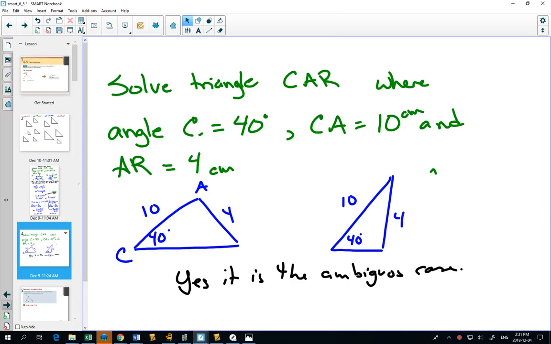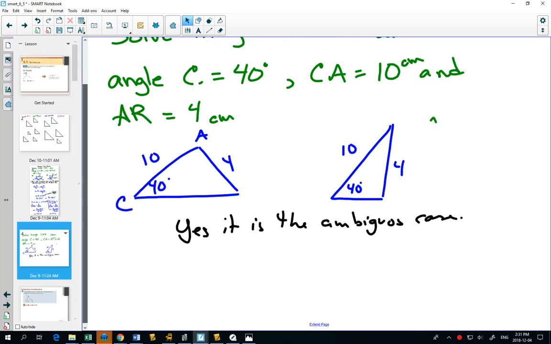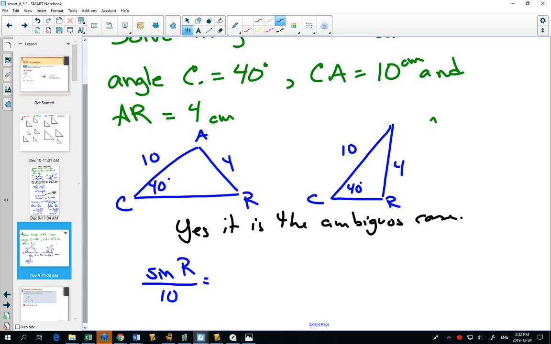And the reason I'm going to show you this ambiguous case is for the following. So we set up our sine law like normal. Do we know an angle and an opposite side? Yes. So what can we solve for first? We could solve for angle R. So we go sine of R over 10 equals sine of 40 over 4.